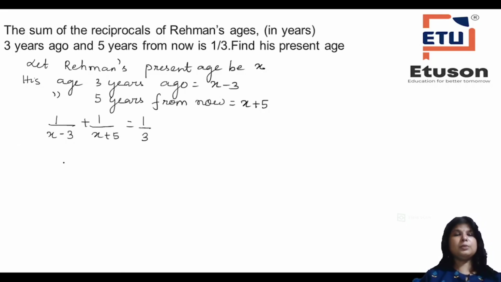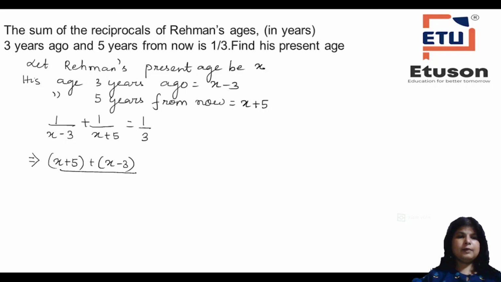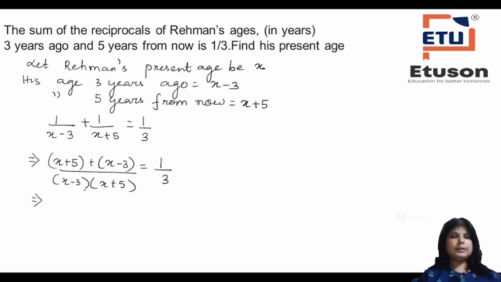So first we have to bring it to quadratic equation form. So it implies you will have x plus 5 plus x minus 3 divided by x minus 3 into x plus 5 is equal to 1 divided by 3.